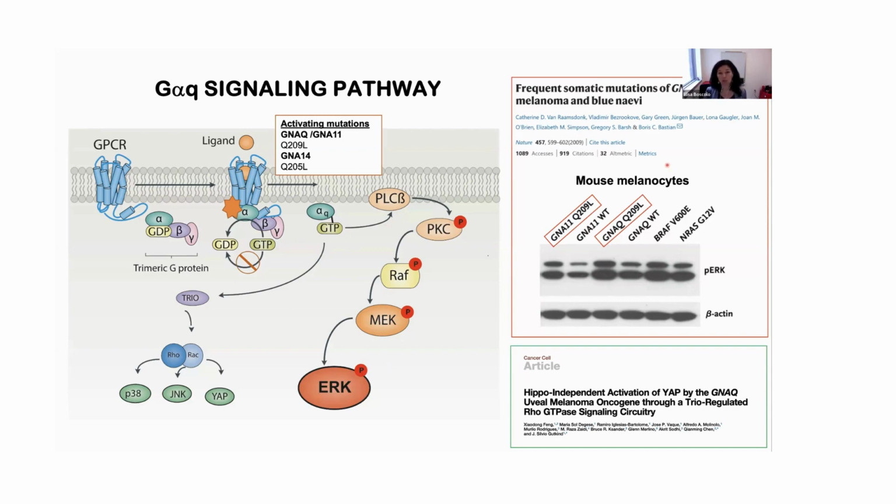I want to mention that this mutation, but also R183, have been found in uveal melanoma, which is a very aggressive tumor of the eye. And this image on the right shows that if you express in mouse melanocytes the mutant form of GNA11 or GNAQ, and again, these are highly homologous, they share about 90% sequence homology, you see increased phospho-ERK, so activation of the MAP kinase pathway.